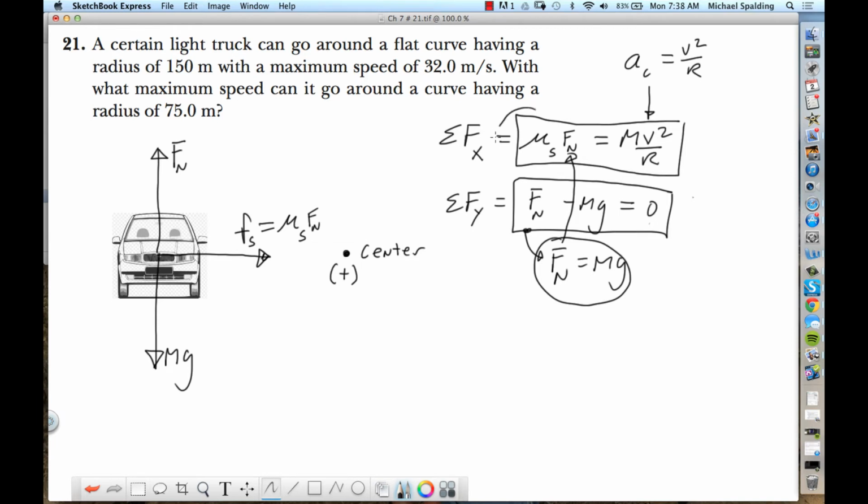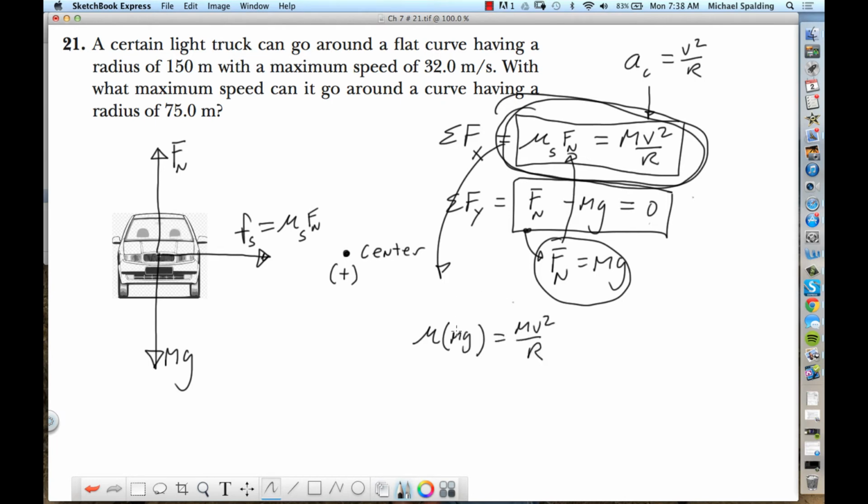So now I'm going to rewrite this first equation right here, this x equation. So rewriting that equation, we're going to have mu mg equals m v squared over r. So the m's cancel, the m's drop out, and we're left with mu g equals v squared over r. Now look, this problem gives us two situations.